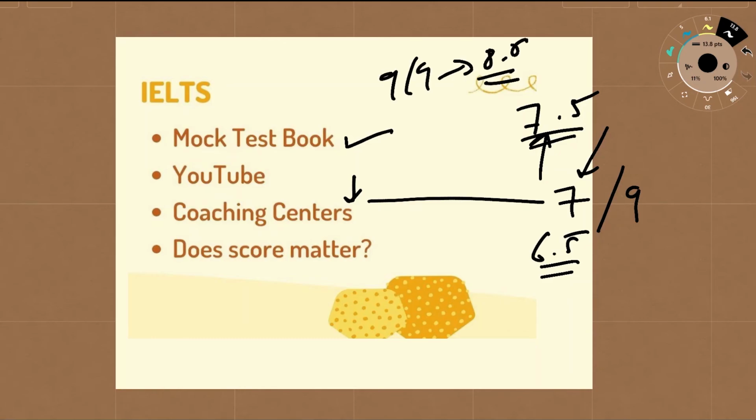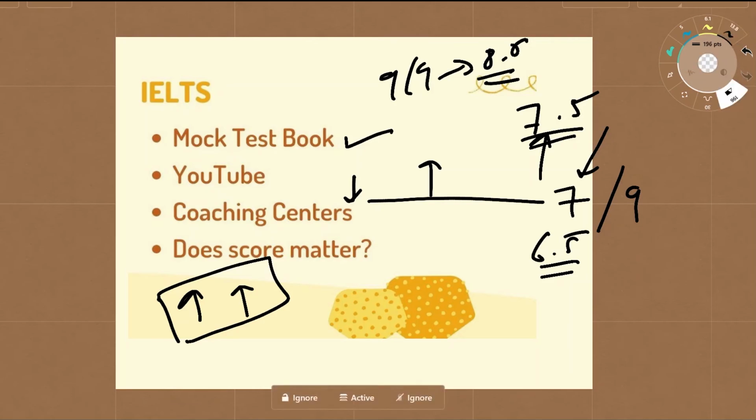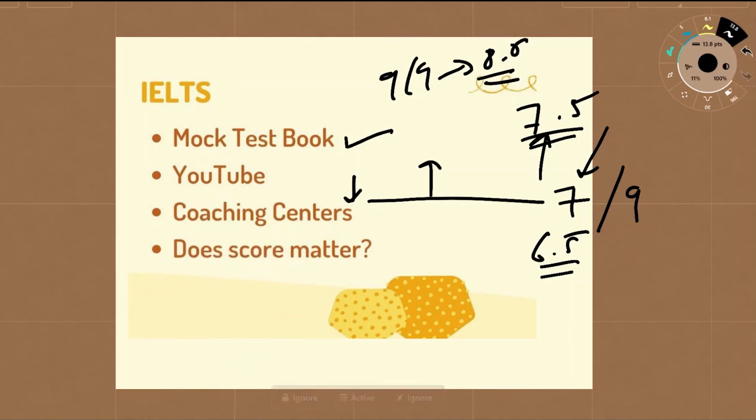Just make sure that you get more than the minimum required score. It's not like the higher the score is, the more your application is going to be given priority. It doesn't work like the GRE score. And my IELTS score was 8.5 out of 9.